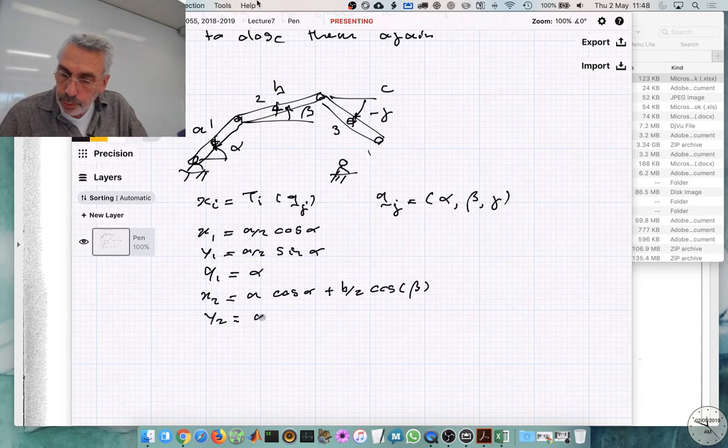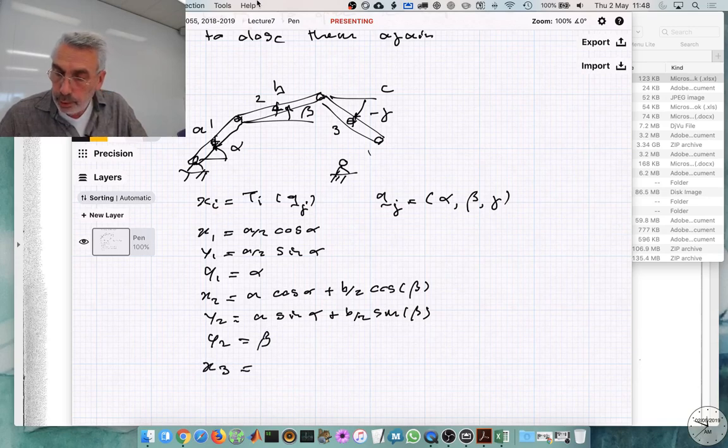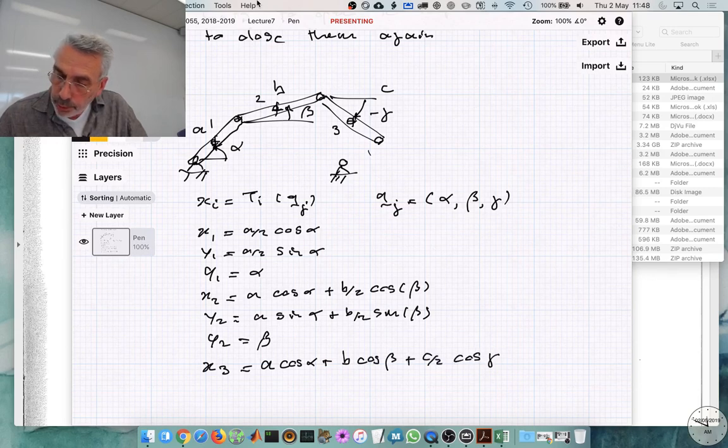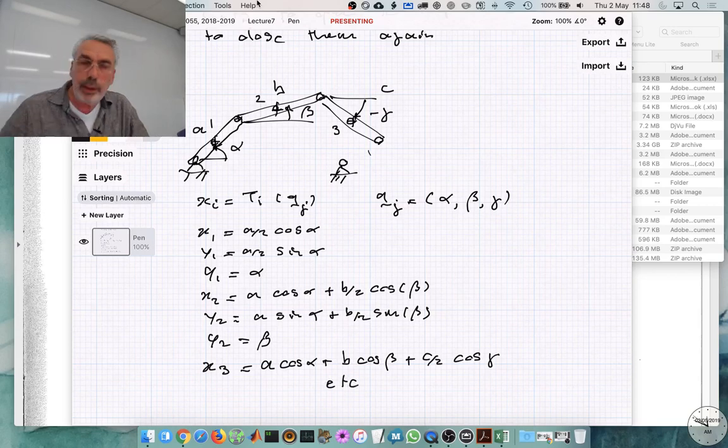Likewise for the y direction, b over 2 sine beta, and the angle phi 2 is this beta. And finally x3 is a cosine alpha plus b cosine beta plus c over 2 cosine gamma, etc.